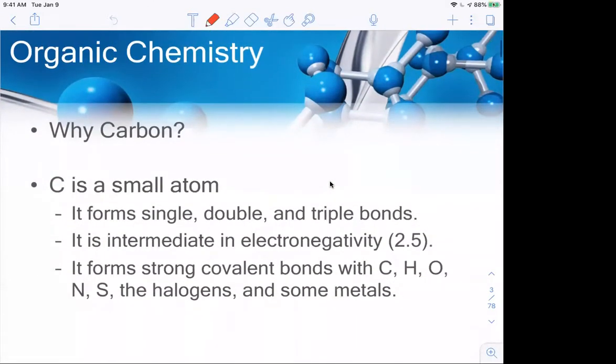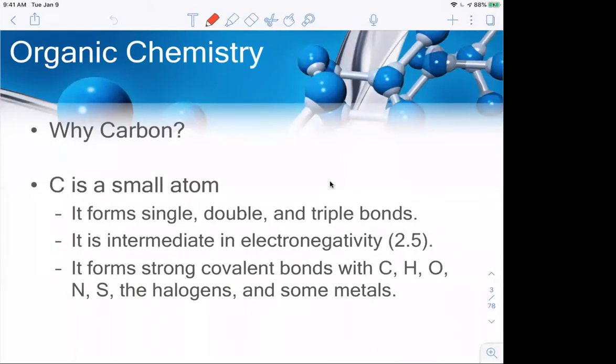So why carbon? Carbon is a small atom. It forms 4 bonds because it has 4 valence electrons. Those bonds it forms can be single, double, or triple bonds. It has an intermediate range in terms of electronegativity. Remember, the Pauling scale goes from 0 to 4. So the electronegativity of carbon is about 2.5.